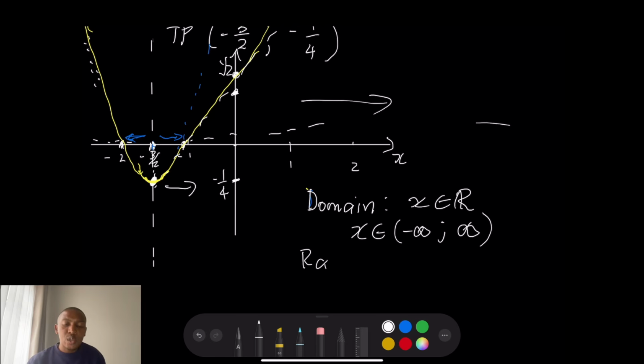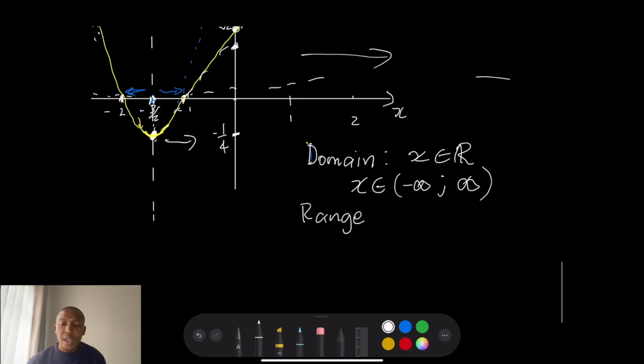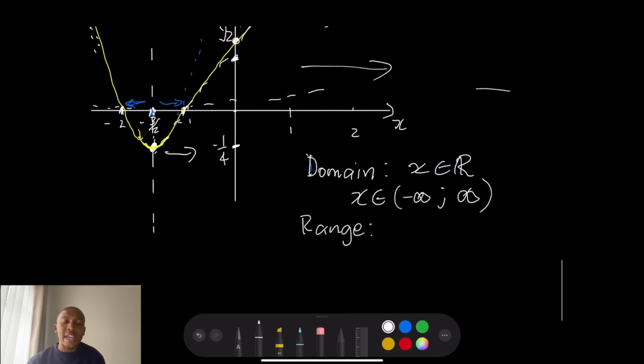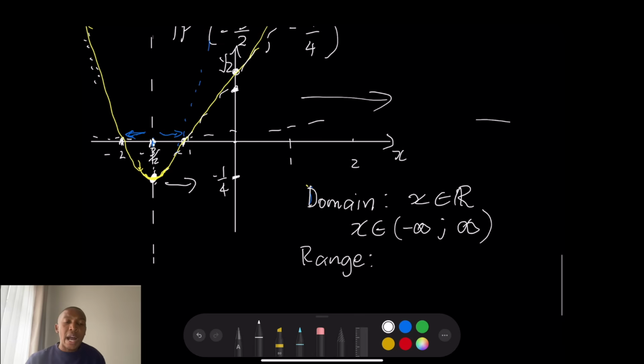Now please, I want you to listen carefully. When we talk about the range for this graph, where does the graph exist on the y-axis? In this case, I want you to please note, our graph has a turning point at -1/4, which is there.